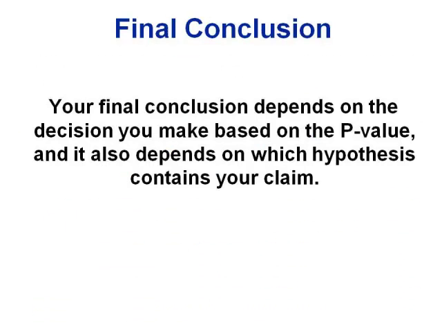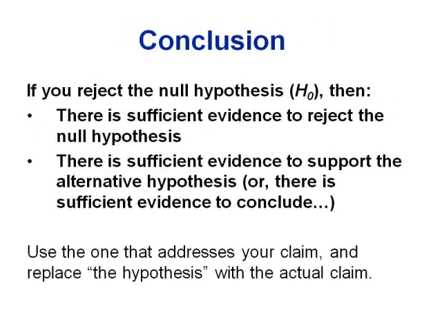After you decide whether you're rejecting the null or not, then you write up a final conclusion, and I'm pretty specific on the phrasing on these, and it all depends on that p-value and what you decided about the hypotheses. So first of all, let's say that the p-value was small enough for you to reject the null hypothesis.